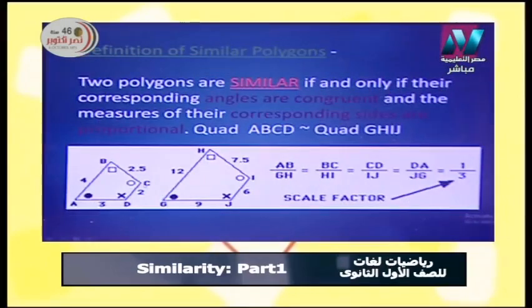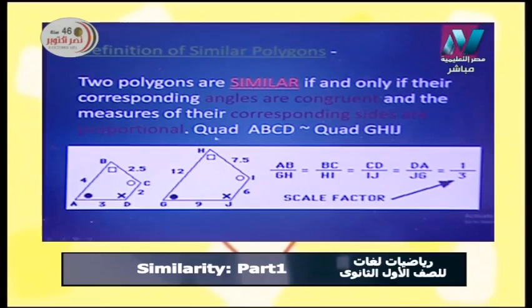Okay, let's move to these two figures. We have two quads. Polygons are similar if and only if their corresponding angles are congruent and the measures of their corresponding sides are proportional.